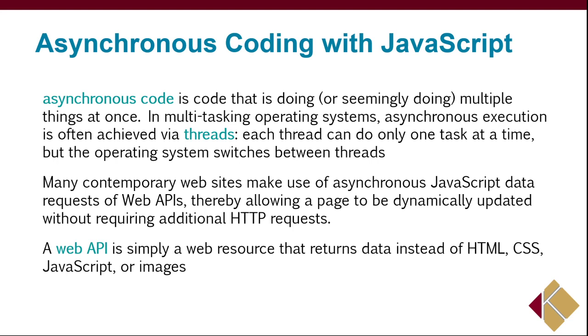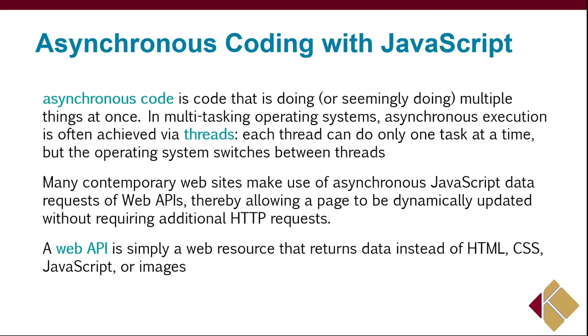Some operating systems are multi-threaded, which means that it can run multiple threads at a time, so it can do multiple things at a time. But web browsers are not multi-threaded in general. So we can only do one thing at a time.